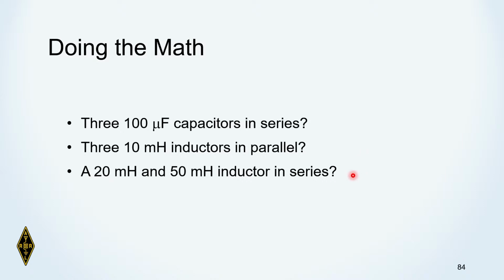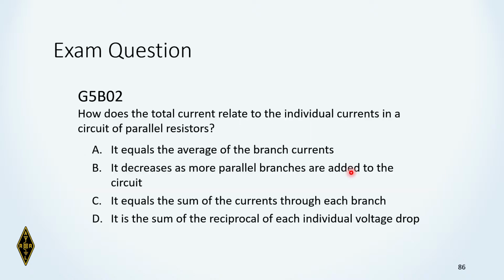Mention this third one, a 20 millihenry and a 50 millihenry inductor in series. That would be what? Well, resistors add, inductors work the same, it'd be 70. Yep, correct. So here's some questions. See if we can remember those principles. If you can remember the principles, the answers will not be very difficult.